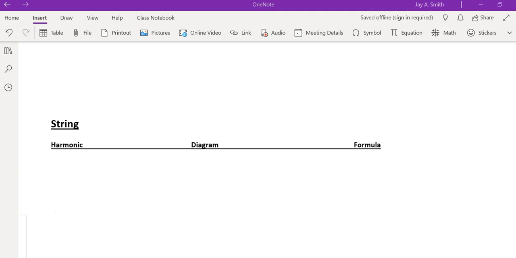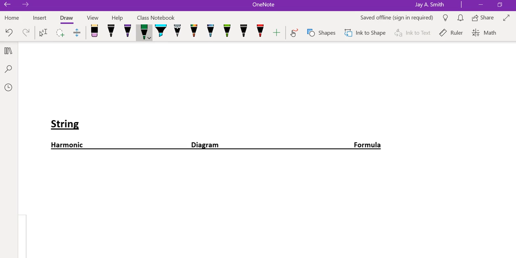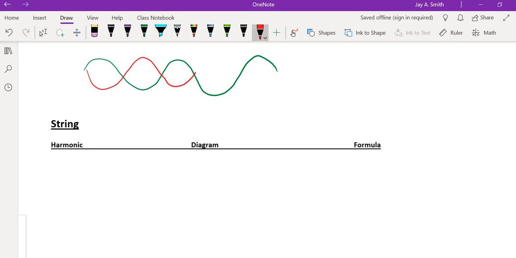So let's get started. Really what we're looking at is a standing wave. And so when we look at a standing wave, for example, at one instant the wave might look like this. And then when you have resonance sometime later, it might look like this.